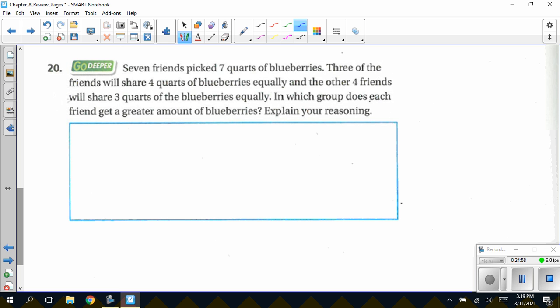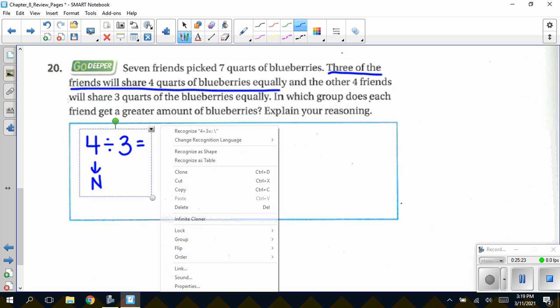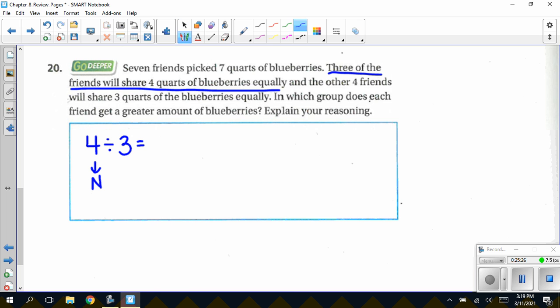However, the first group, we see that there are 3 friends sharing 4 quarts of blueberries. Remember, it's the blueberries that are being divided, so I have to list the number of quarts of blueberries first. So I have 4 quarts of blueberries divided amongst 3 friends. So when I have this, remember, my 4 is my numerator, over the 3 is my denominator.